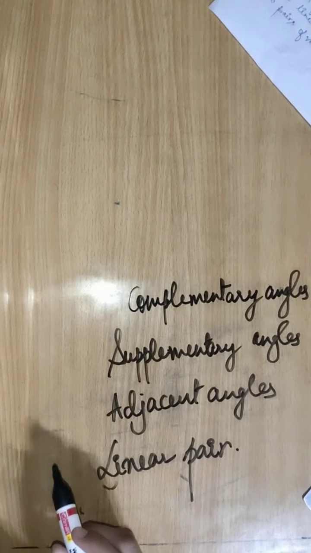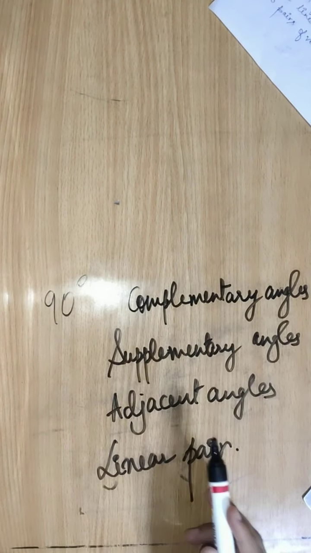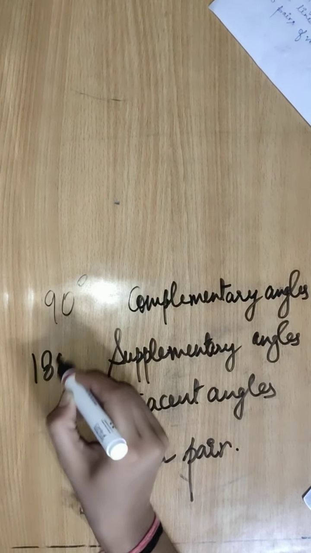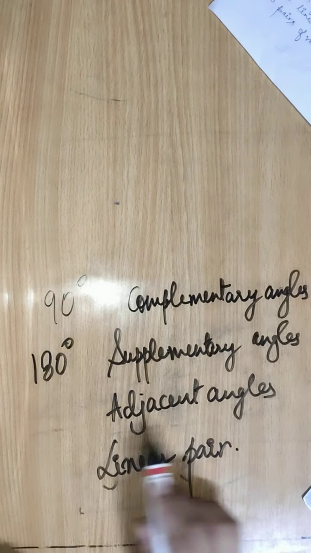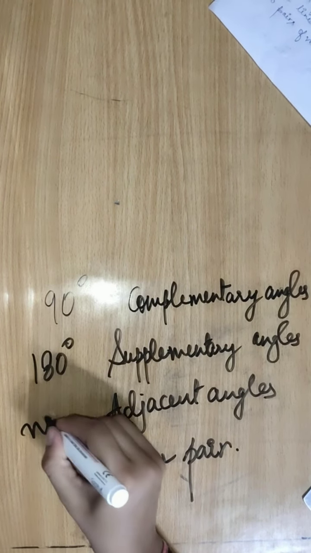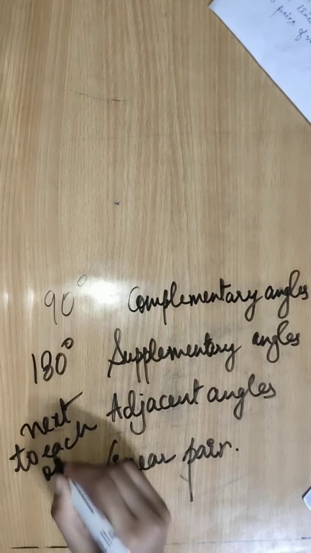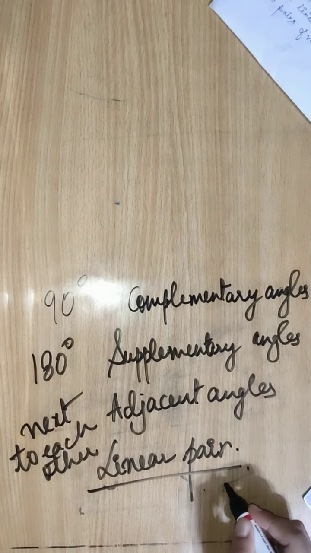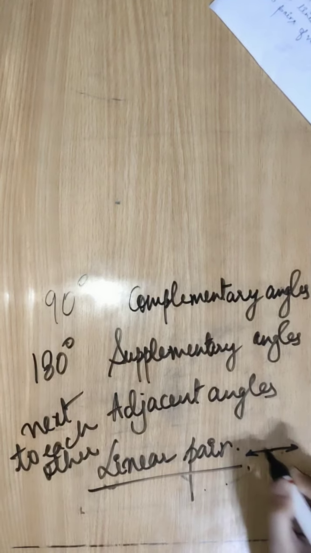Complementary angles are angles whose sum is 90 degrees. Supplementary angles have the sum of 180 degrees. Adjacent angles are the angles placed next to each other. And talking about linear pairs, they are also adjacent angles, but their non-common sides are opposite.